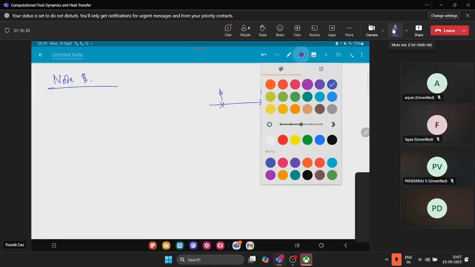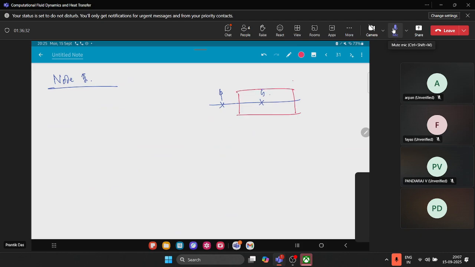So this is east, this is west, and this is rho Cp (Tp minus Tp naught) delta x equals the integral from t to t plus delta t of k dT/dx at east minus k dT/dx at west, and then you have dt.